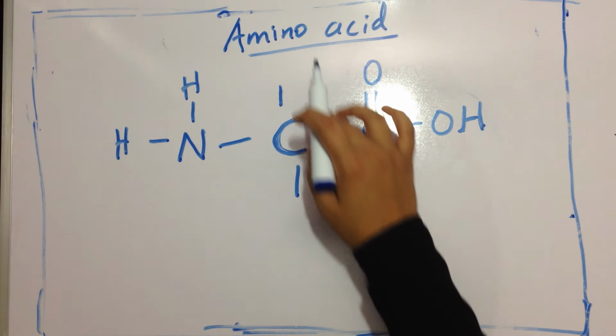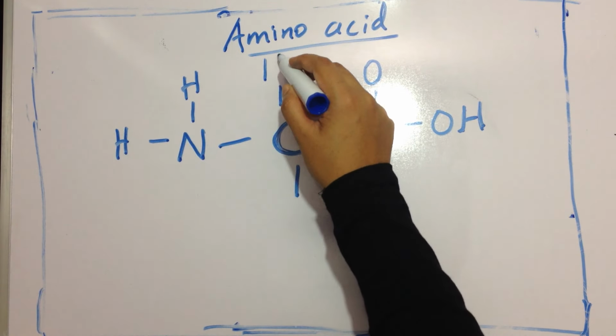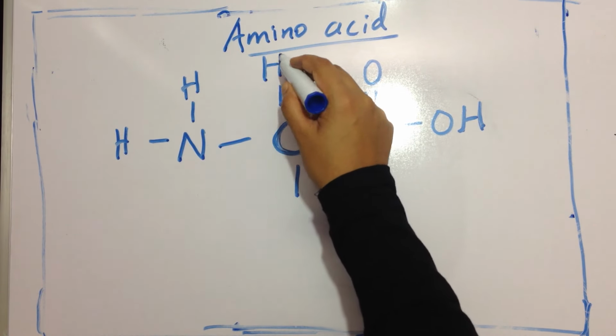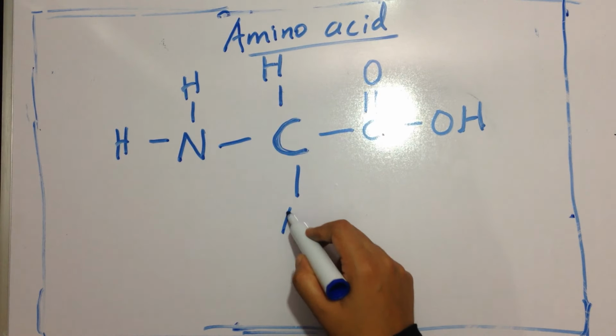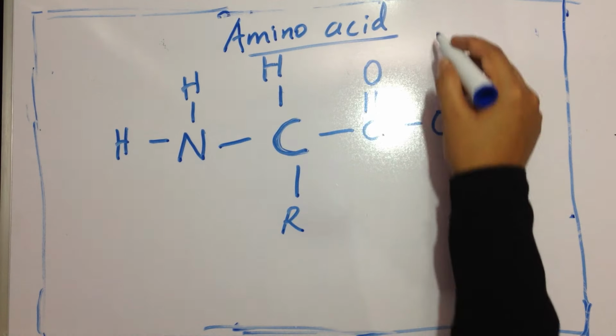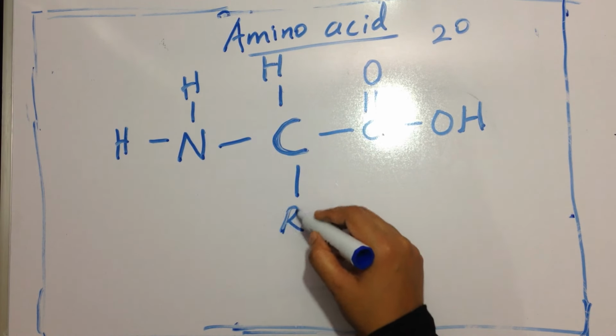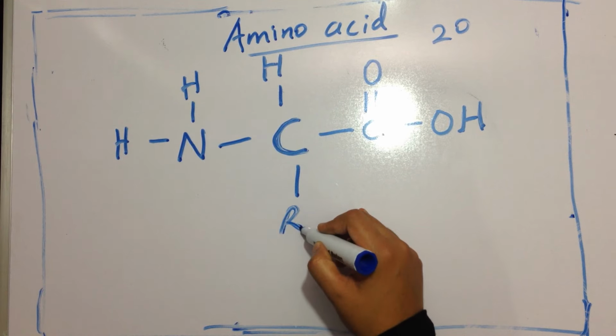Of the remaining 2 bonds, one contains hydrogen and the other contains an R group. In nature there are 20 amino acids, and in each of the amino acids, this R group varies.